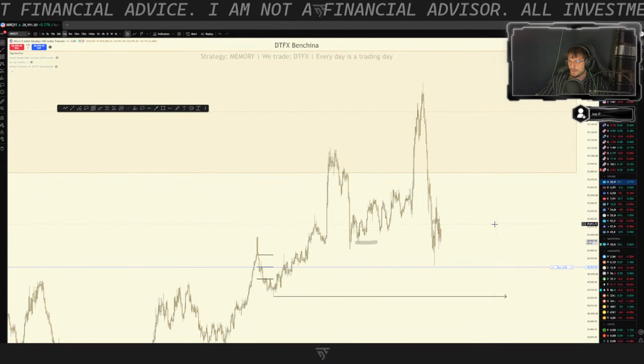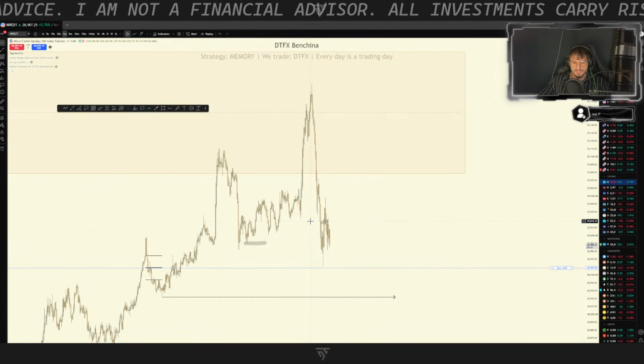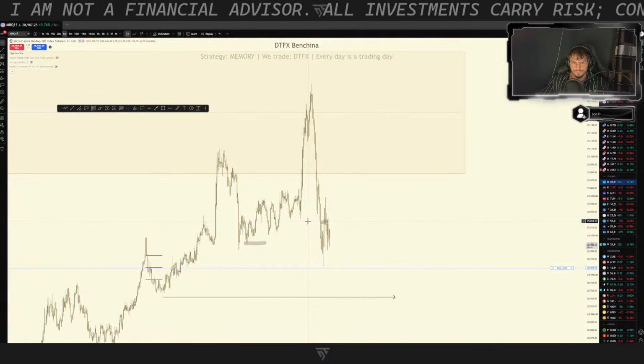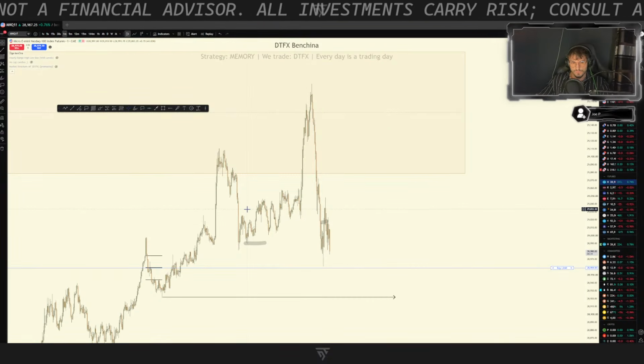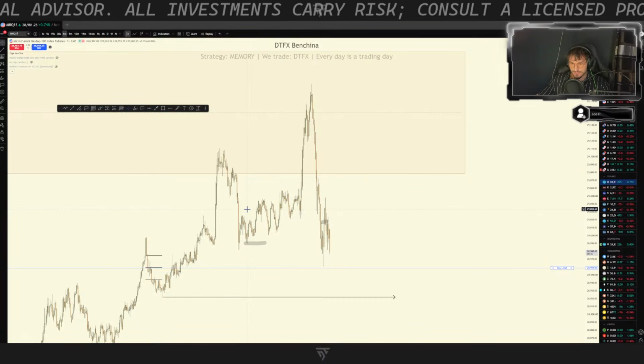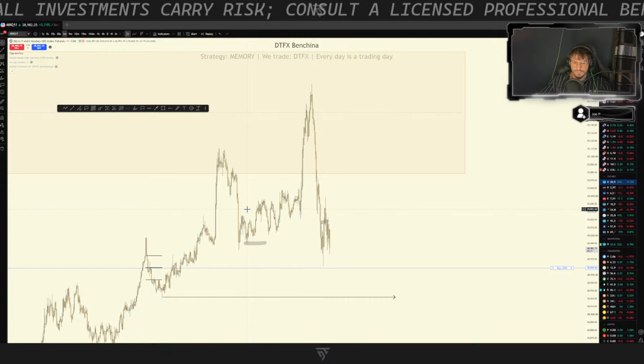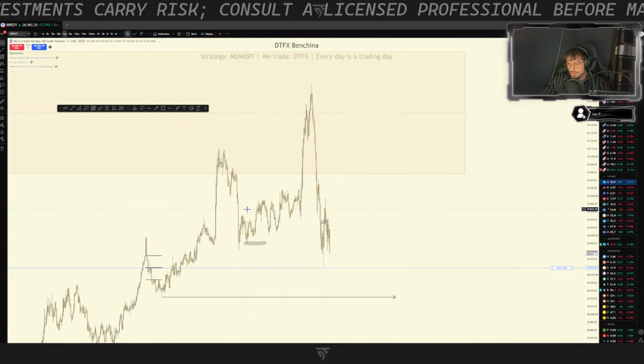Okay, so let's see now what price is gonna do. So I am risking $150 on this trade, on 2 micros.